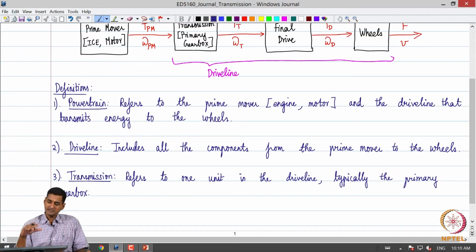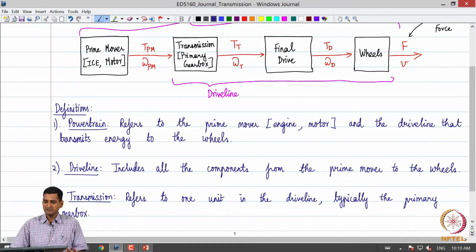If you look at it from a macroscopic viewpoint, we are going to look at the entire powertrain per se, but in this module we are going to focus mainly on the transmission. Once we learn about transmissions, we will learn how to combine an engine and a transmission and achieve certain vehicle performance requirements. That in broad is what is called transmission matching or powertrain matching. That is an analysis which we will do.